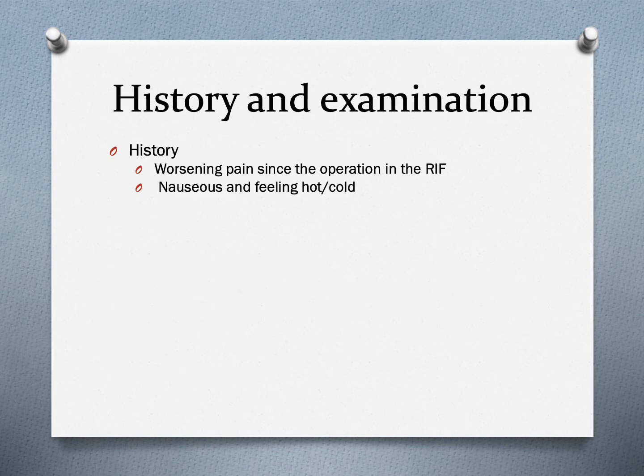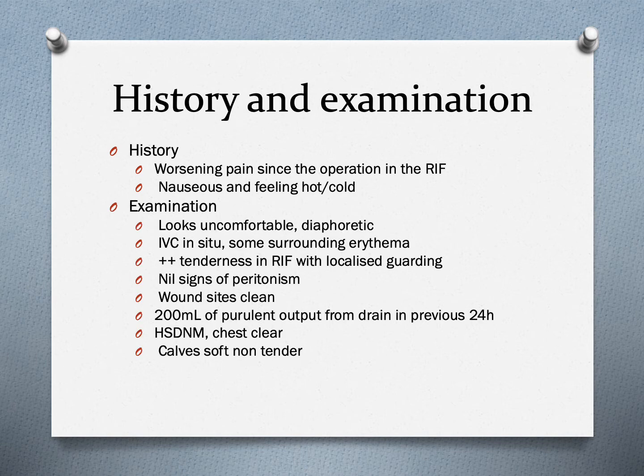His history is that he said he's had worsening pain since the operation in the right iliac fossa. He's been feeling nauseous and hot and cold with some shakes and rigors. When you examine him, he looks really uncomfortable. He's diaphoretic. He has a cannula in situ that's got some surrounding erythema.